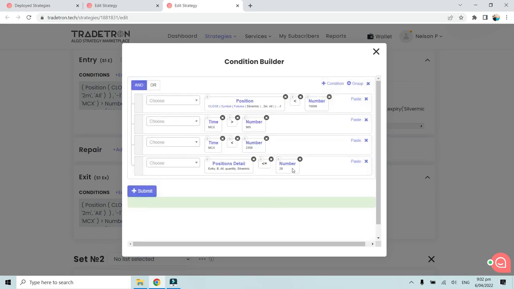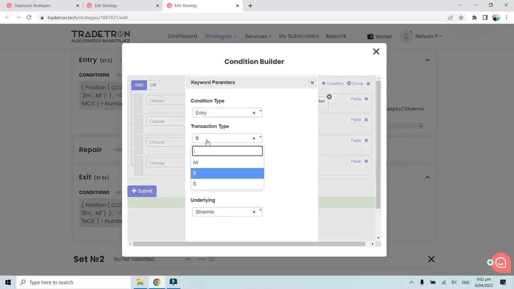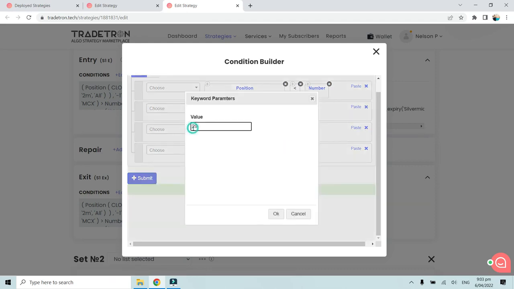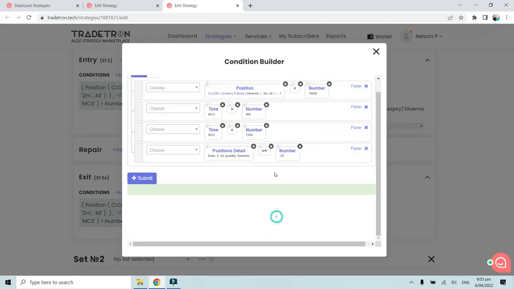So it will just take 30 buy entries, and similarly, if it's a sell condition, you can put this as sell. In case of sell, it will be greater than minus 29, because that's a negative number, right?